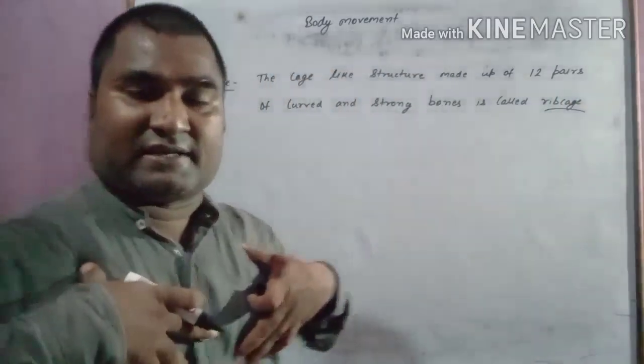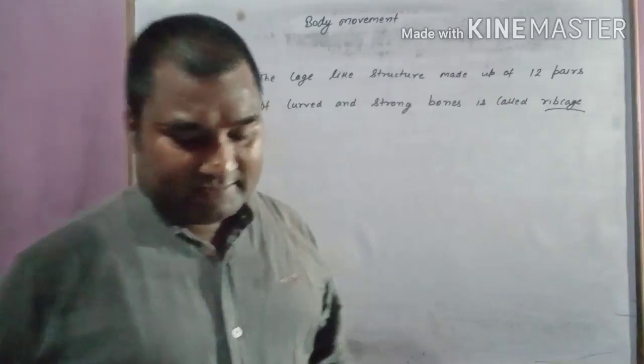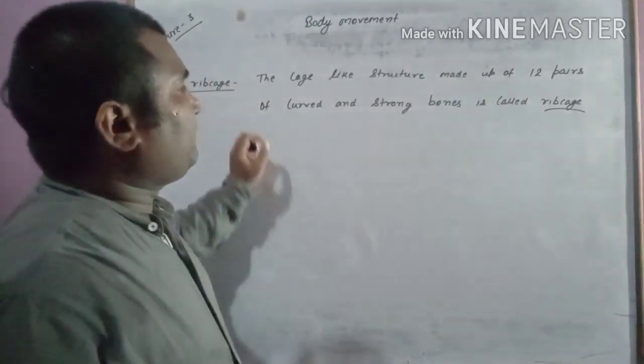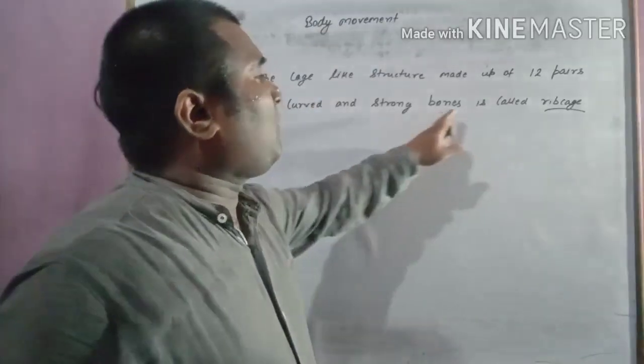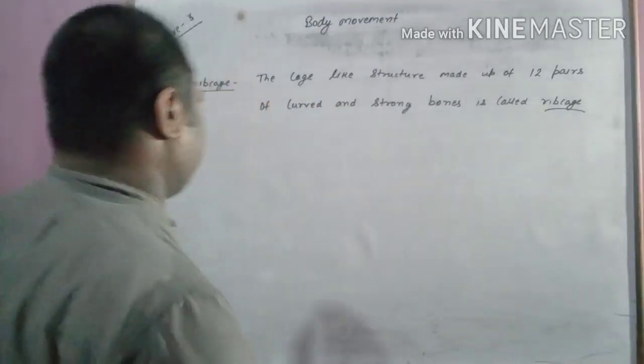Curved means bent, and the strong bones make up the rib cage.